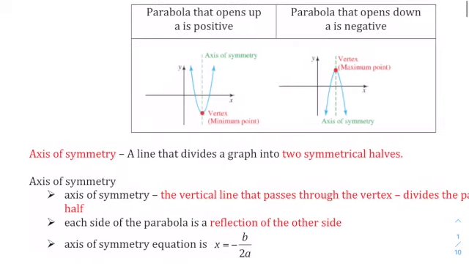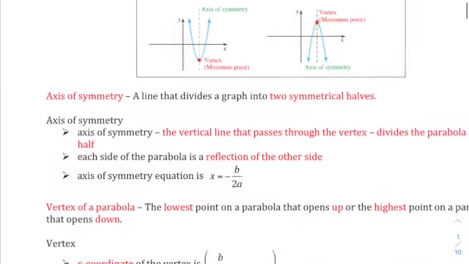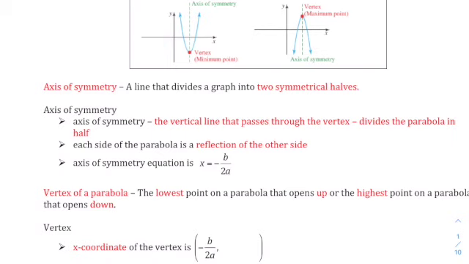Axis of symmetry. If you look at the axis of symmetry, you notice there's a line in the middle that divides the graph into two symmetrical halves, which means they are equal to each other. When you fold the paper together, they match point by point on each side of that line. The axis of symmetry is a vertical line that passes through the vertex.